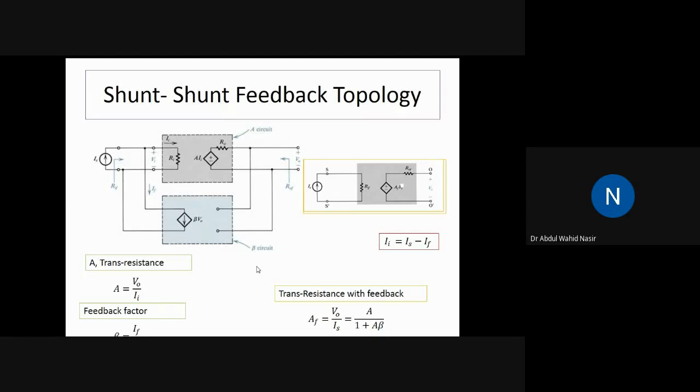The feedback factor beta is given by IF by V naught. Similarly, the input current is Ii equal to IS minus IF. Also, the overall gain of the trans resistance with feedback will be AF, equal to V naught by IS, which is equal to A by 1 plus A beta.